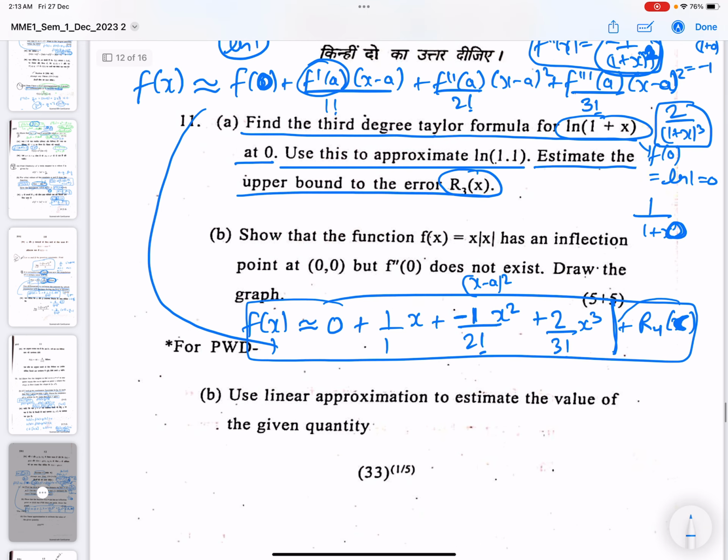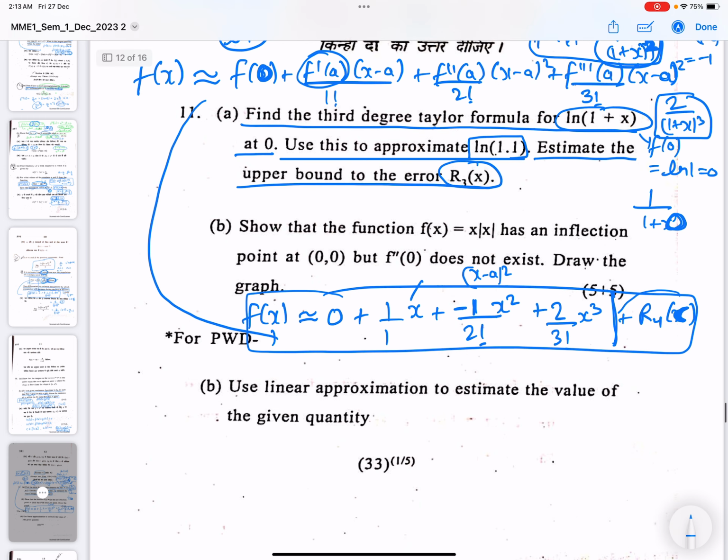Now you are supposed to find the approximate value of log 1.1. So x takes value 0.1, because log(1 + x) equals log 1.1, which means x equals 0.1. If x takes value 0.1, you can substitute the value of x here. This would be 0.1 square, and this would be 0.1 cube.